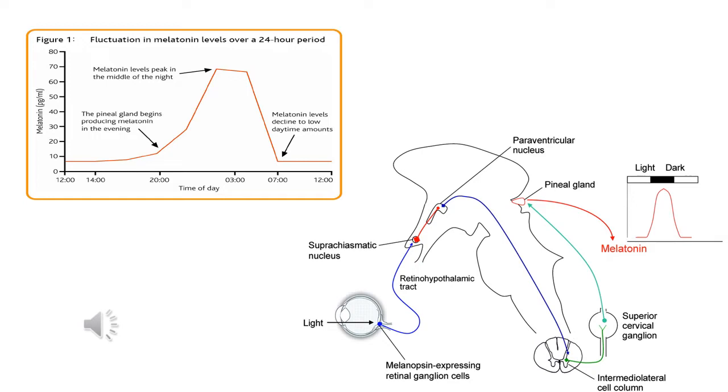At about 02:00, that's where we have the peak, which is in the middle of the night, and then that goes on until about 3 to 4 o'clock, close to 5 o'clock. That's when you see this decline, and then the day continues with low levels below 10 nanograms per mL of melatonin. So again, this is just to emphasize that increased melatonin in the plasma will allow for sleep, whilst the opposite will allow for an awake state.